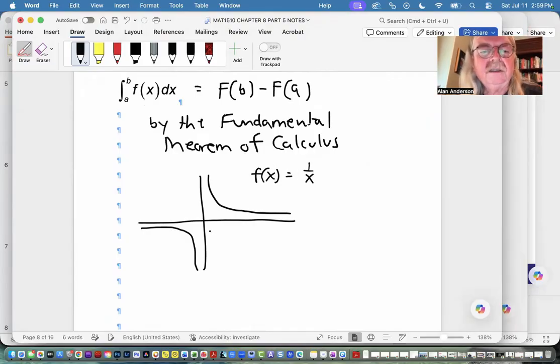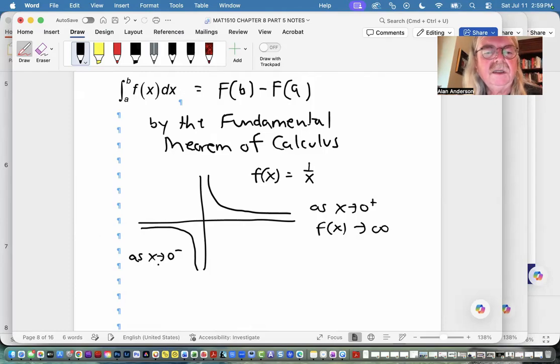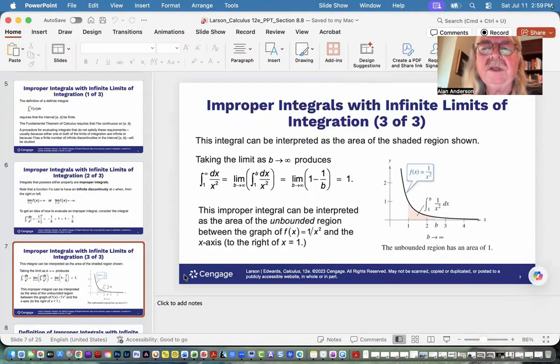So clearly, as x approaches 0 from the right, the function is converging to infinity. And over here, as we approach zero from the left, the function is approaching negative infinity. So these are referred to here as infinite discontinuities.